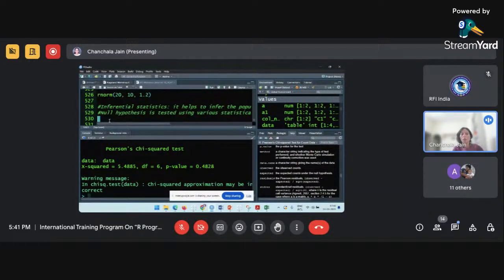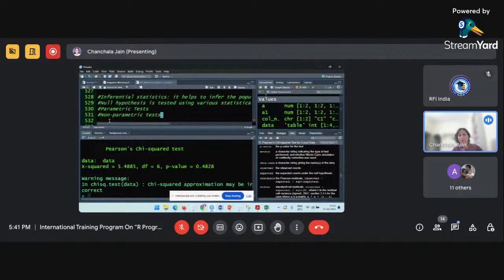Now, if I talk about statistical tests, we need to know that in statistics there are two types of tests: parametric tests and non-parametric tests. So these are the two categories of statistical tests: parametric and non-parametric.